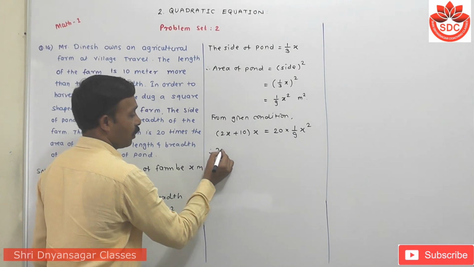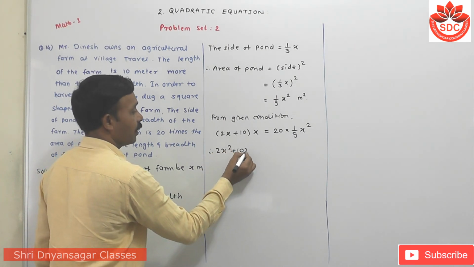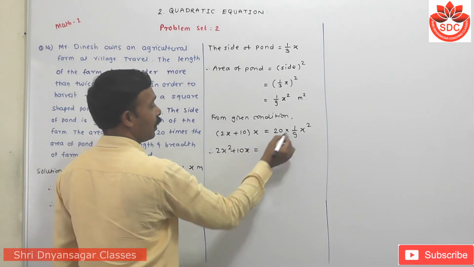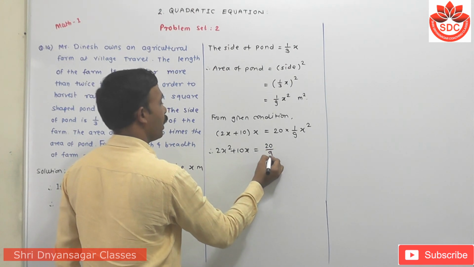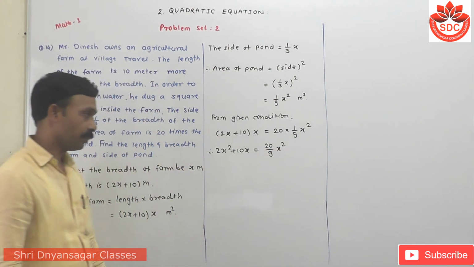Opening the bracket, we get twice x square plus 10x is equal to 20 upon 9 into x square.